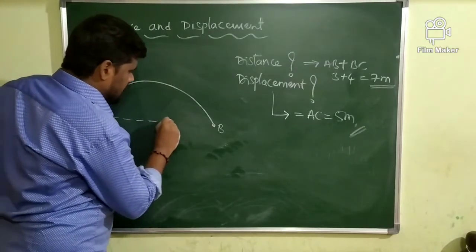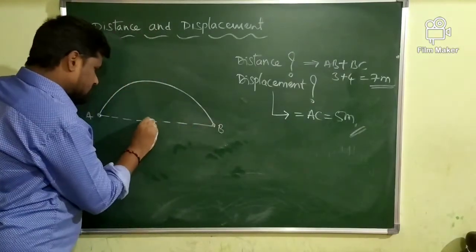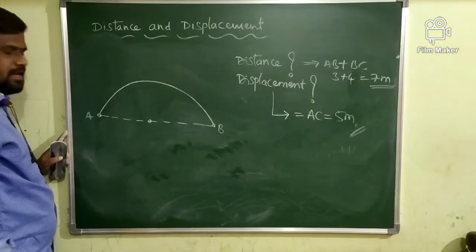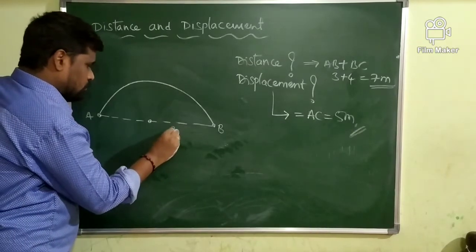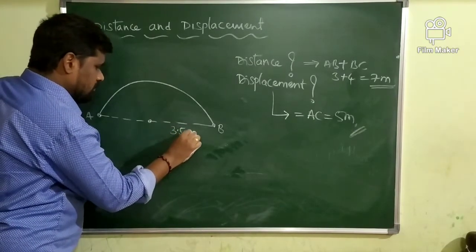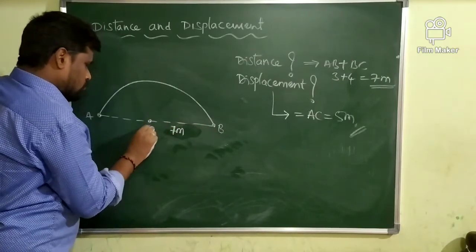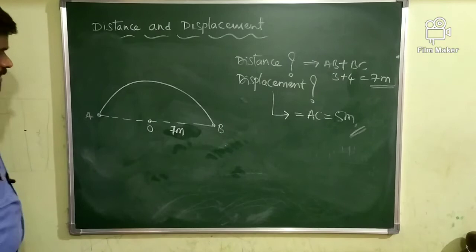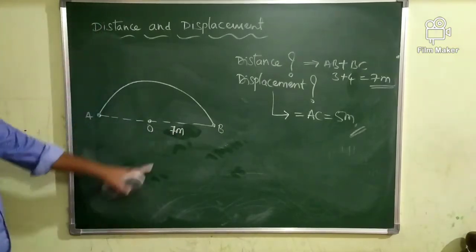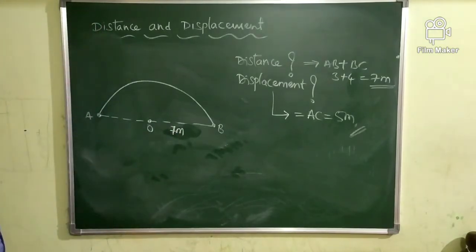This is a semicircle. The radius of the semicircle is given. The radius of the semicircle is found to be 3.5 meter, or else you can take 7 meter. O is the center of the circle. The radius of the semicircle is given here as 7 meter.